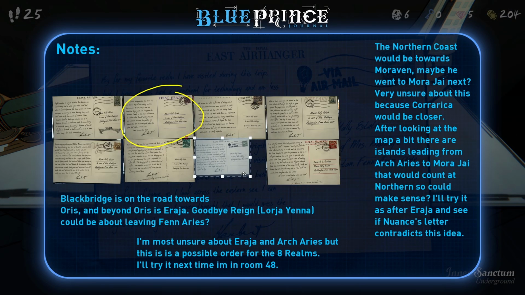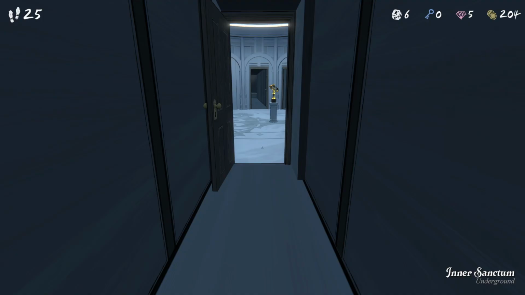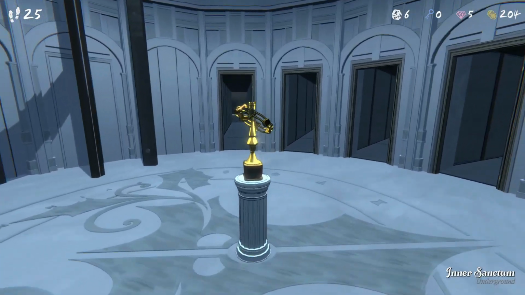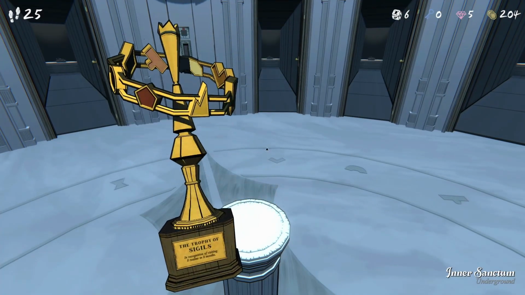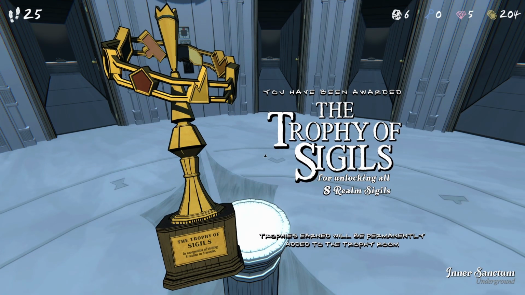So the only things I don't know are Elijah and Arch Ares. Hopefully my guess is correct for both. It looks like there's something else here. The Trophy of Sigils.